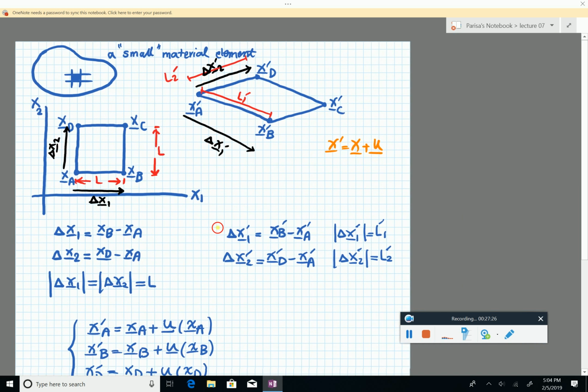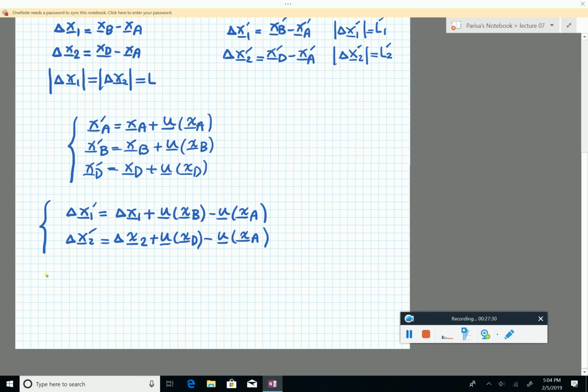So we use that to write the displacement at B as the displacement at A plus, and this you already know, the gradient of displacement evaluated at xa times delta x1, which is the difference between xb and xa, plus some higher order terms.